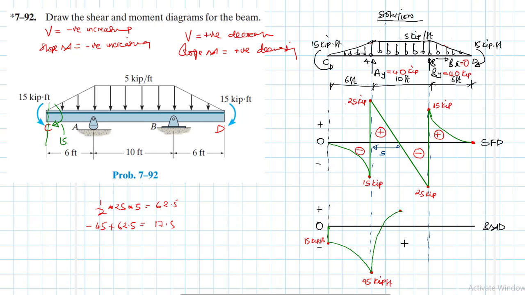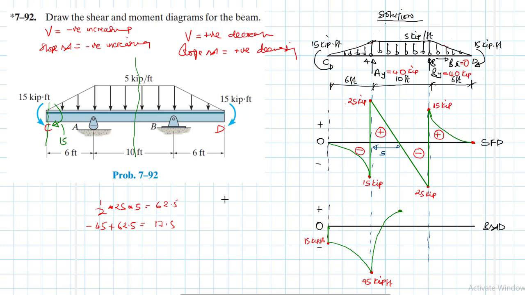All right, and since the other part there has a similar behavior, because this is symmetrical about this axis, we expect this also to take a similar shape. Here shear is negative and increasing, therefore the slope for this also will be the same.